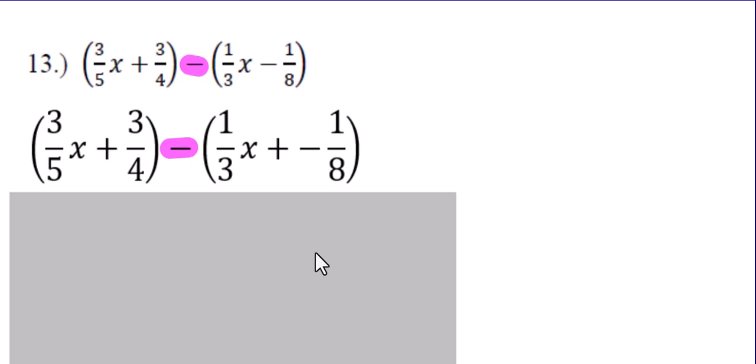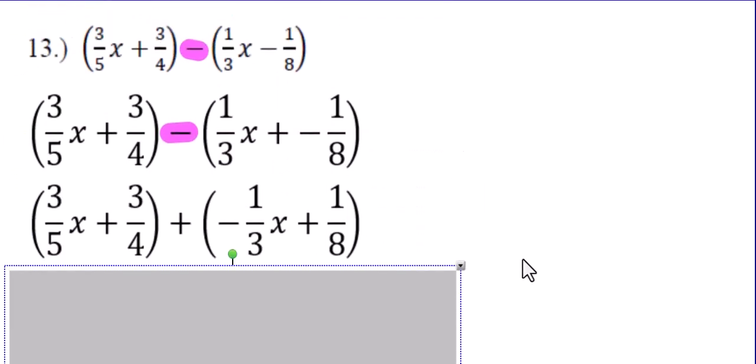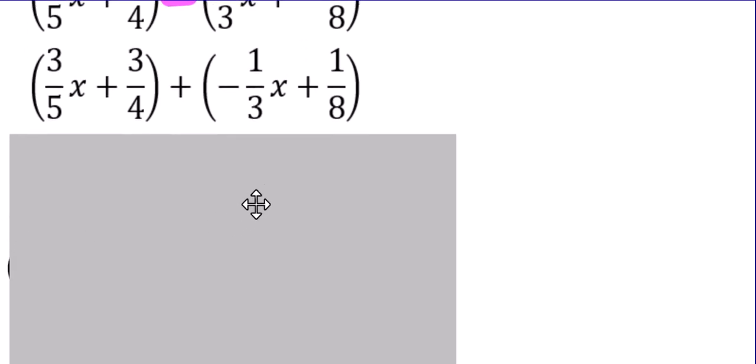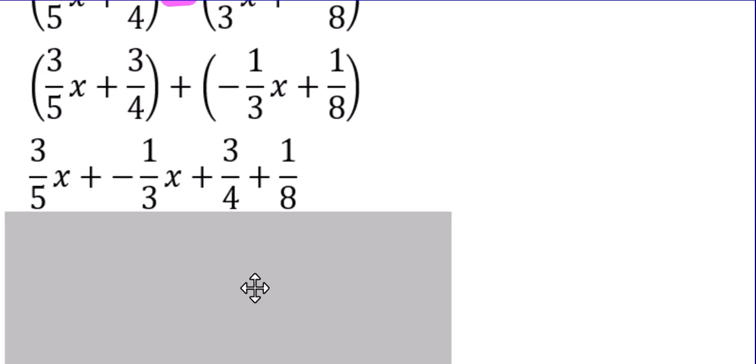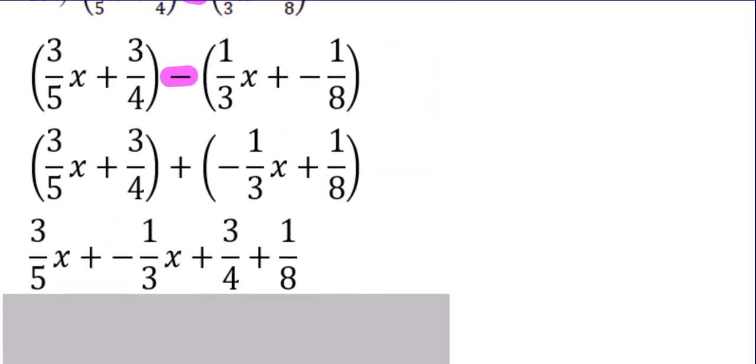So I change subtraction to addition, and then I add that additive inverse, which, as we already said, is negative 1/3 x plus 1/8. We can drop off those parentheses and put our like terms side by side. So that's going to be 3/5 x plus negative 1/3 x, which we can use our calculators to combine, plus 3/4 plus 1/8.